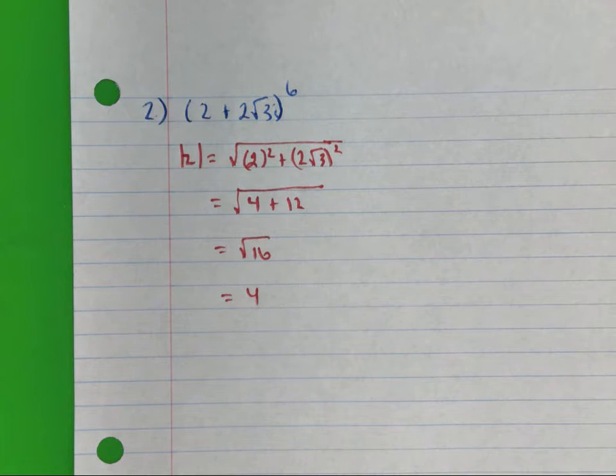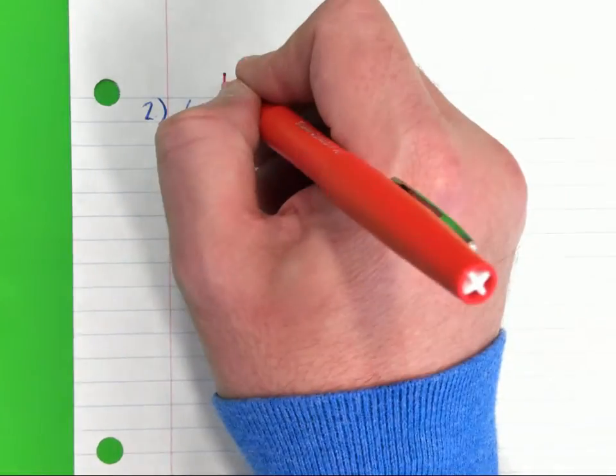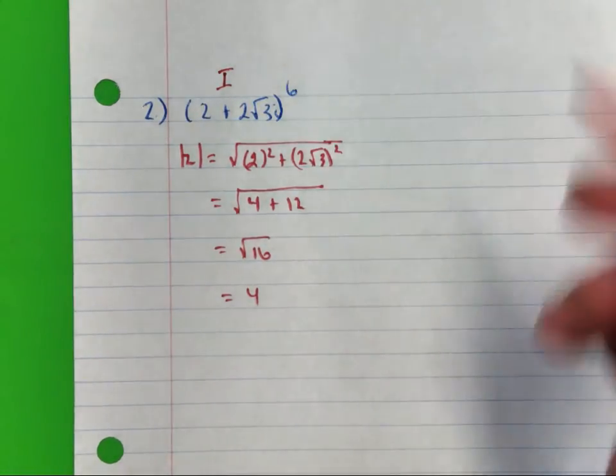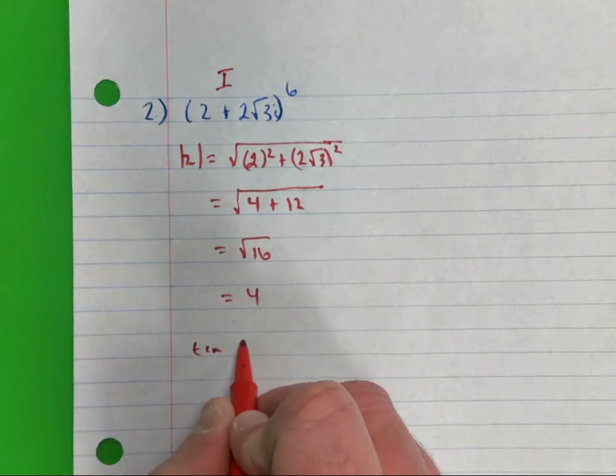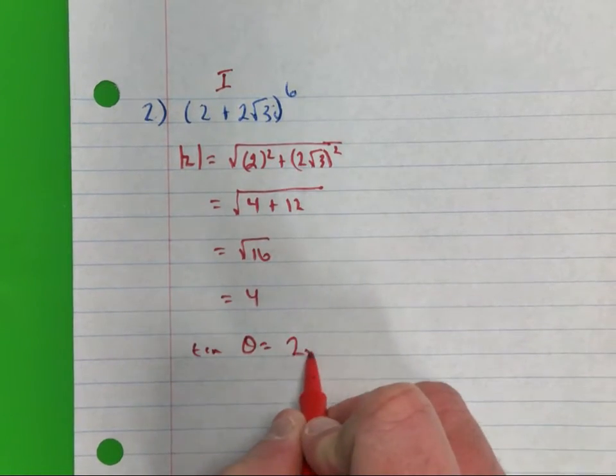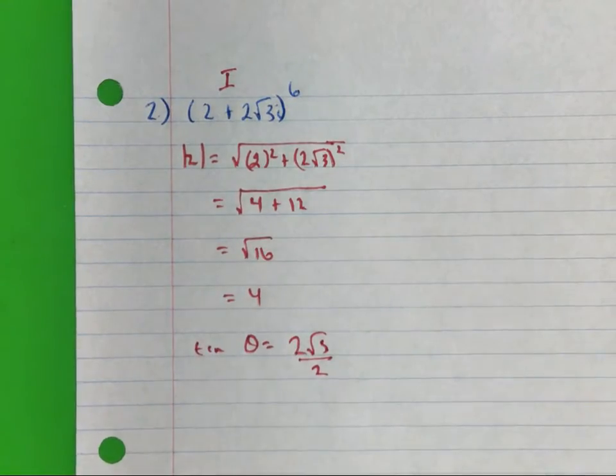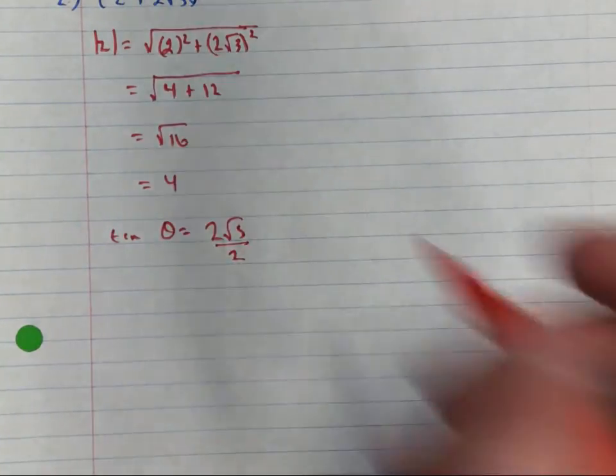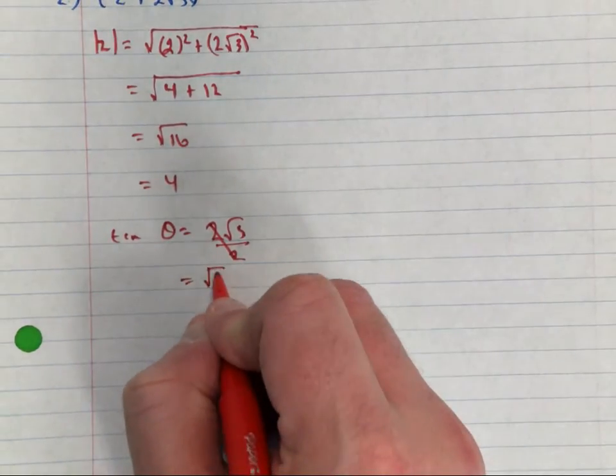Now, what quadrant would this be in if I graph that original complex number? 1, okay. Now, tangent of theta equals 2 root 3 over 2. What happens to those 2's? So I'm left with root 3.